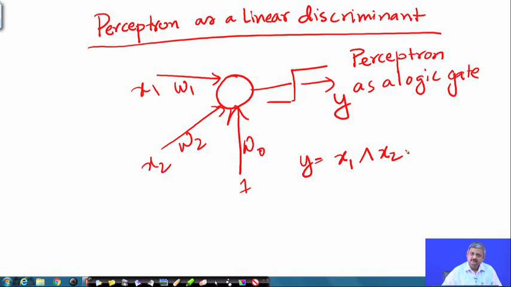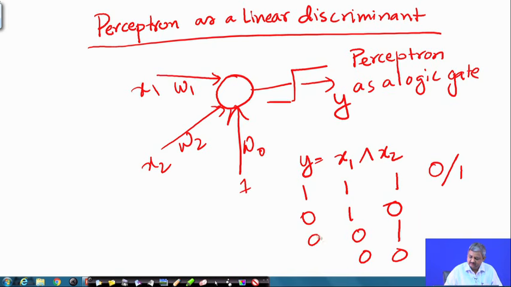So, if we say that x 1, x 2 take binary values 0 or 1, that means when this is 1, this is 1, output should be 1, all other cases output should be 0. It is an AND gate. So, I can make this perceptron act like an AND gate by choosing W 1, W 2 and W naught properly. Okay. So, can you tell how? Can you tell a value when this will happen?